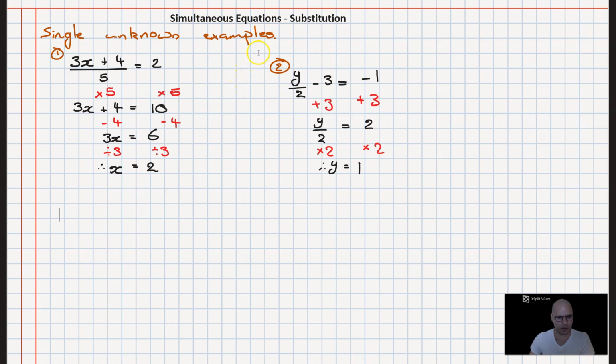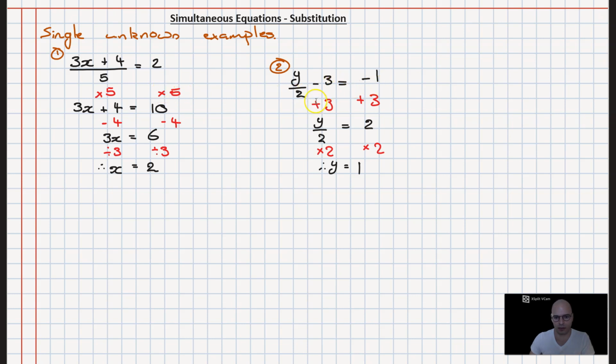Now jumping straight into it, the first question is what is a simultaneous equation? And the best place to start is what's not a simultaneous equation. At the top of the screen we've got two equations, (3x + 4)/5 = 2 and y/2 - 3 = -1.